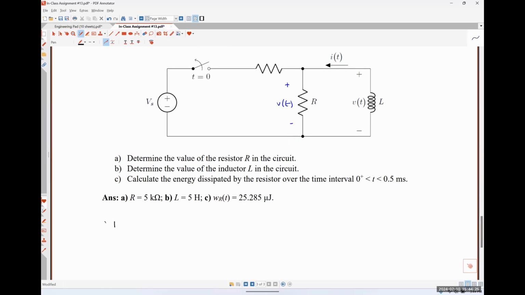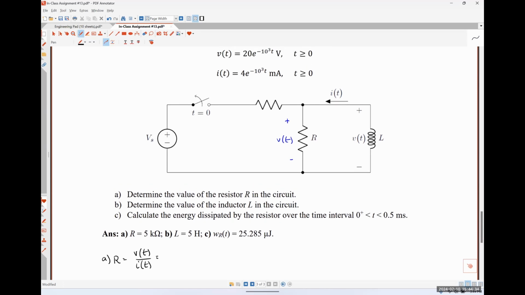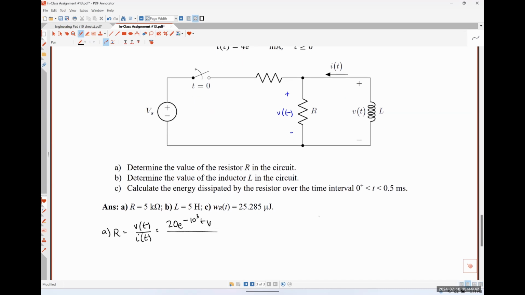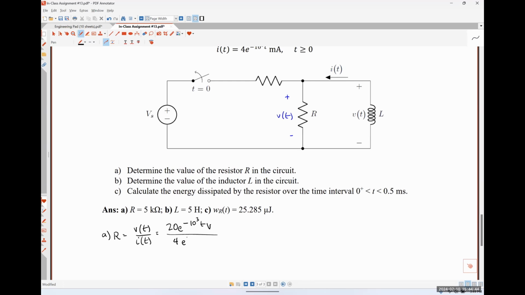So R is simply our voltage drop divided by our current. So that is 20 e to the negative 10 to the third t volts divided by 4 e to the negative 10 to the third t milliamps.